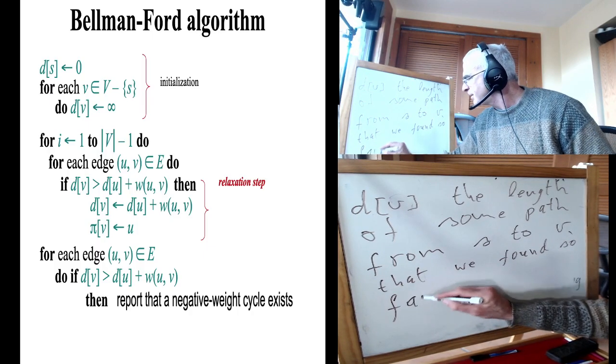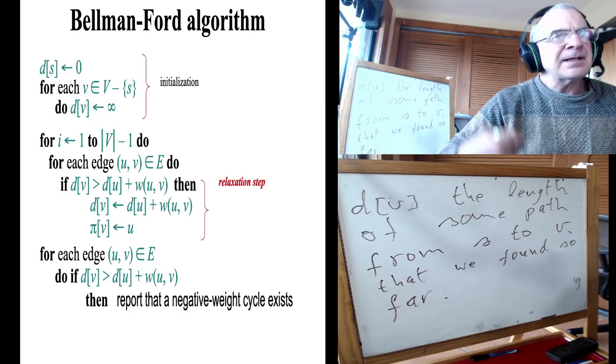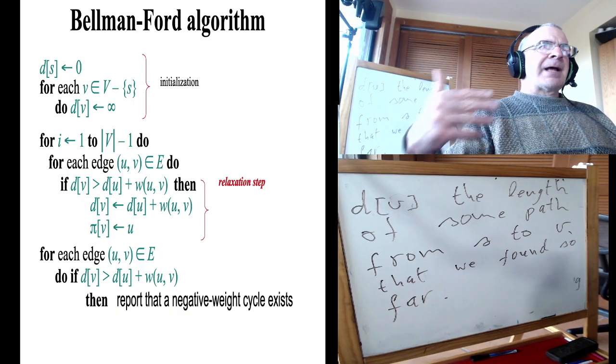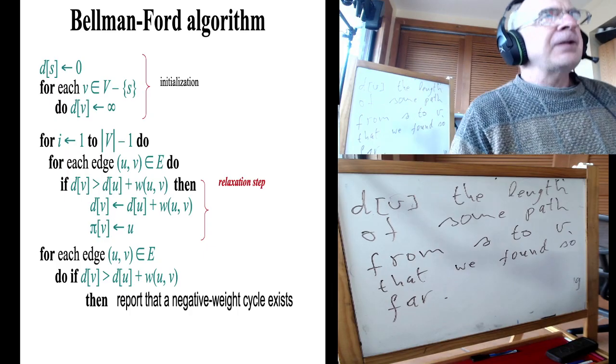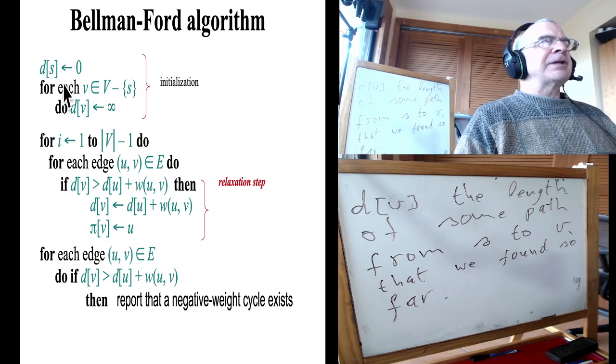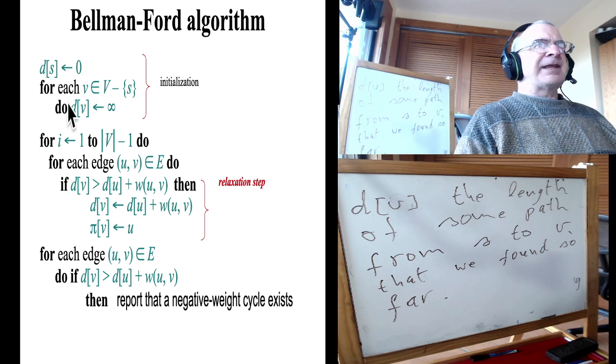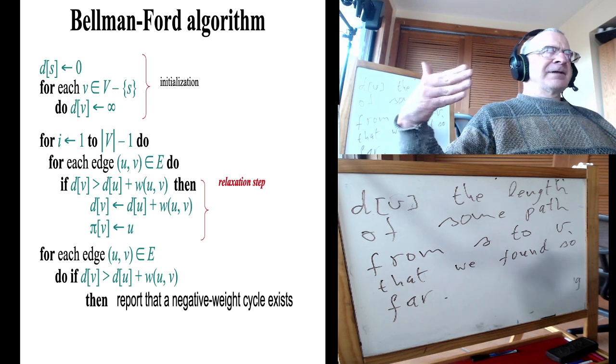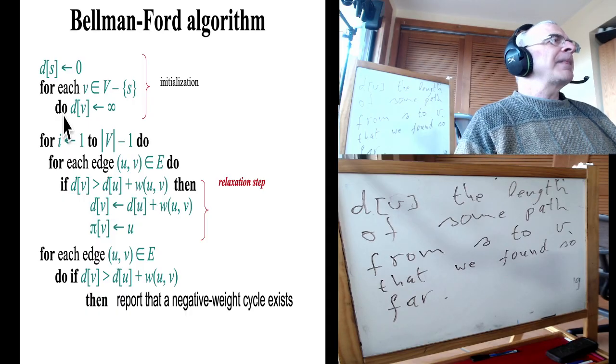And as the algorithm progresses, our estimation about this path will be better and better. It will be closer and closer to the length of the shortest path. So notice the difference: some path versus the length of the shortest path.